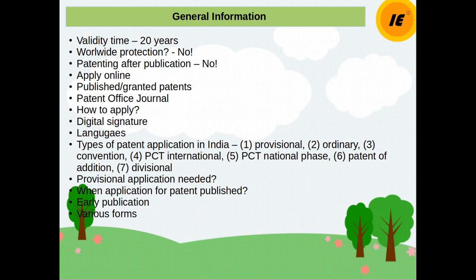Okay, that's understandable because that will make it null and void. Third, an application which has been withdrawn 3 months prior to 18 months. Okay, so a withdrawal procedure is also there.